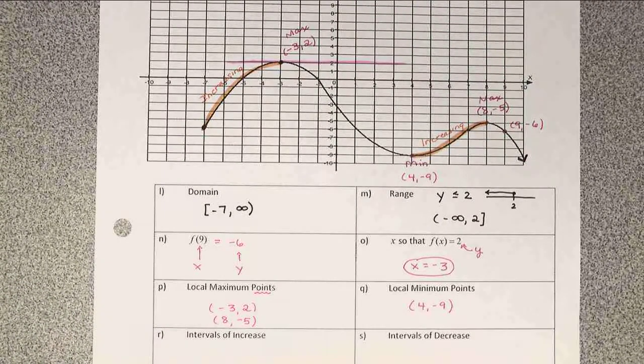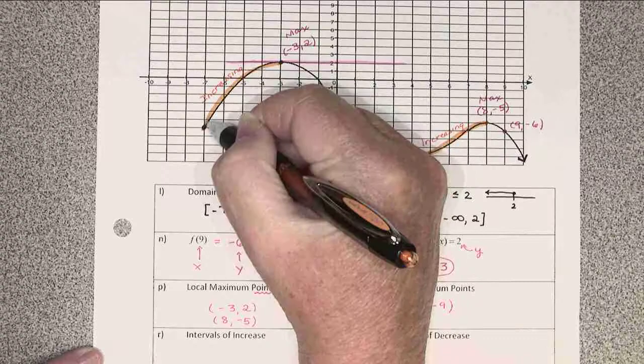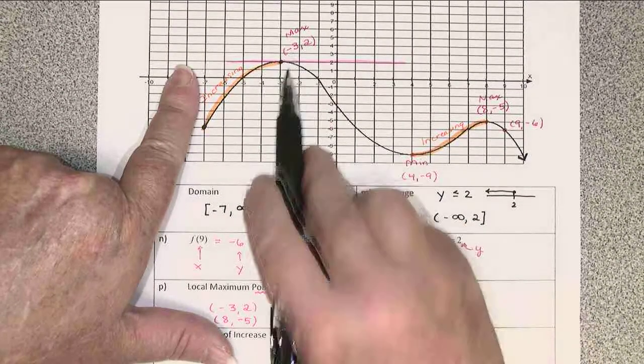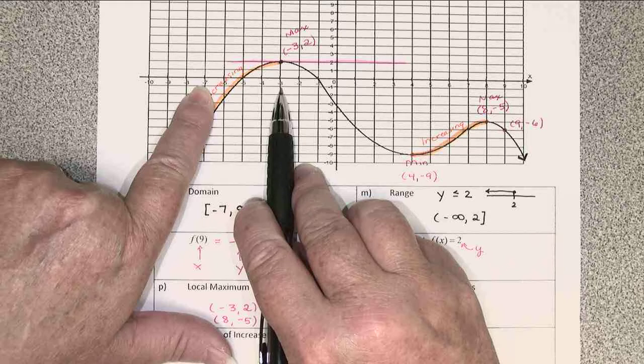Now remember, when you give the intervals of increase, you only want to give the x values, sort of like the shadow of those places on the x-axis. So when I look at this first section where the graph is increasing, I'm going to notice that on the x-axis it goes from negative 7 to negative 3.